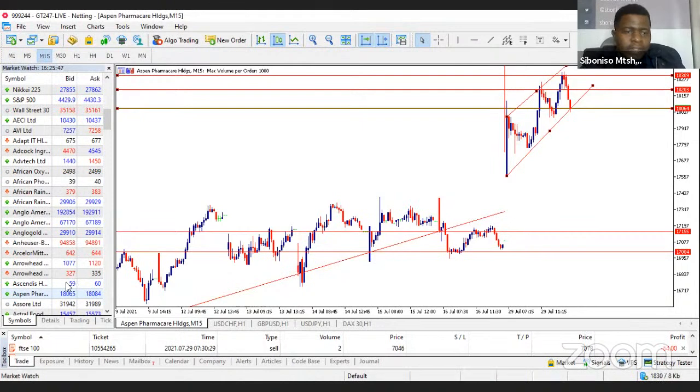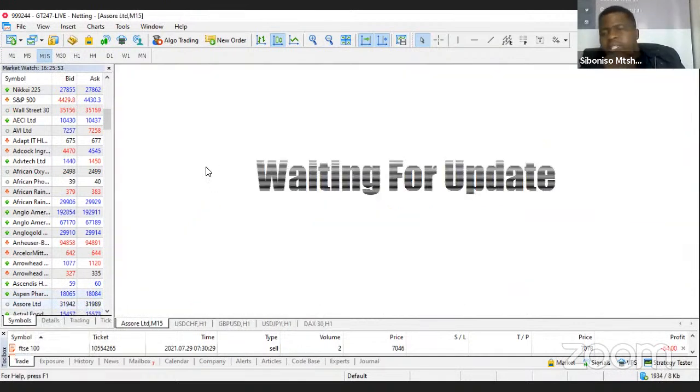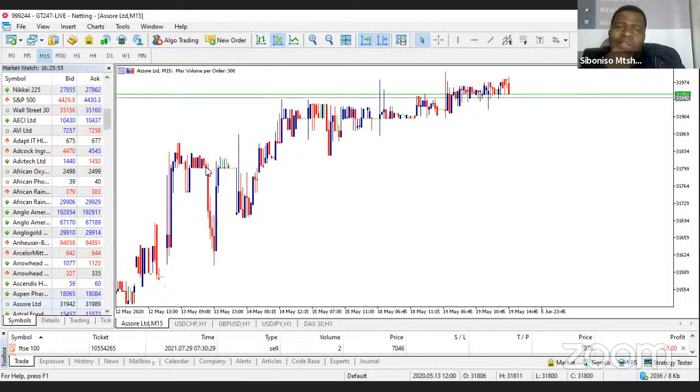and everything else. All right, so let's check another company, the ASO Limited. Wow, here they are doing something. All right, obviously it was an uptrend from 12 May, but in this instance, we may also have this support and resistance on this one.